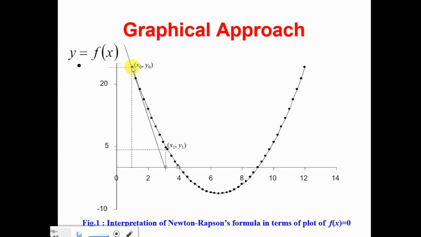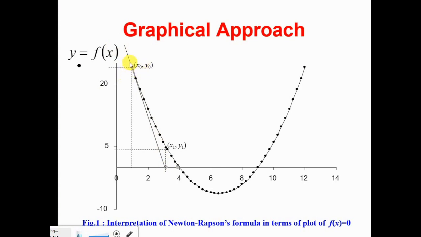Now if you differentiate this equation y equal to f of x and find its value at x0, y0, then it will describe a line which is tangent to the curve at x0, y0.